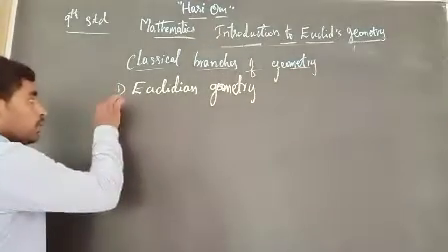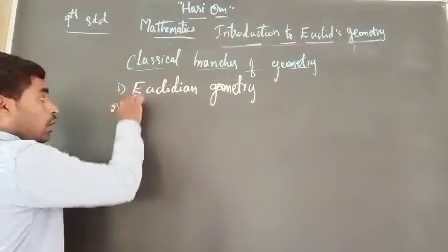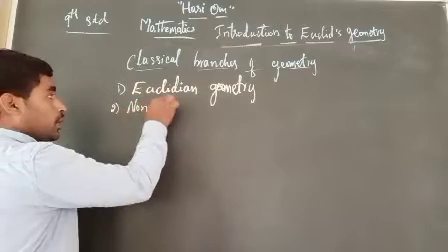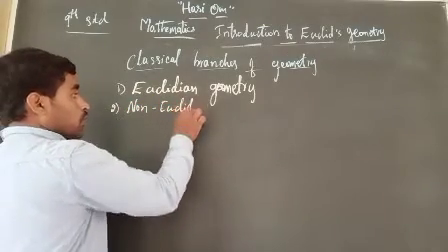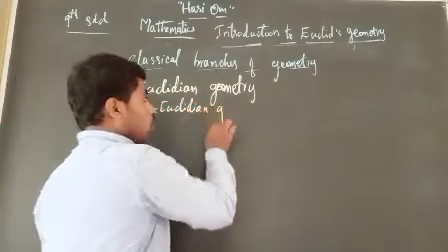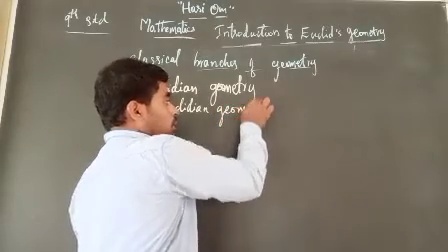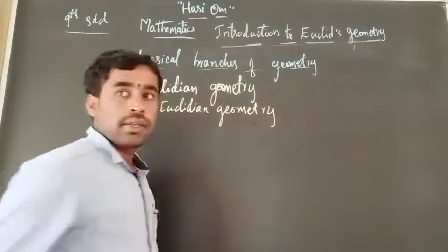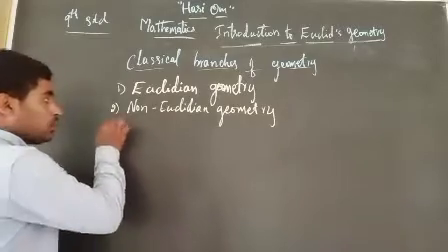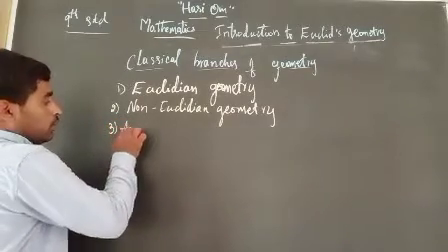The second one is non-Euclidean geometry. Again, we have analytic geometry.